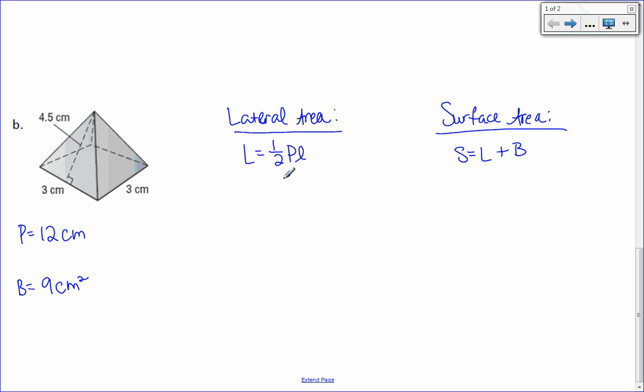Okay, now we can go ahead and substitute into our formulas. And remember again that this is the slant height, so this is L. The perimeter is 12, and L is 4.5. And we multiply these, 1/2 times 12 times 4.5 comes out to 27 square centimeters.